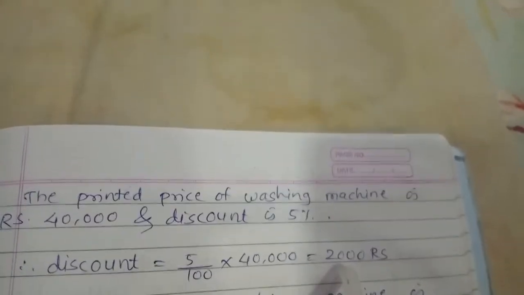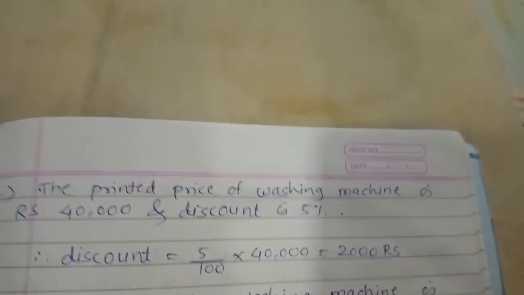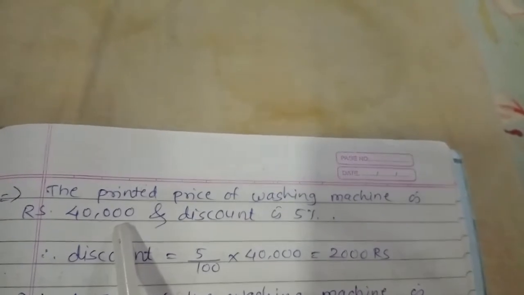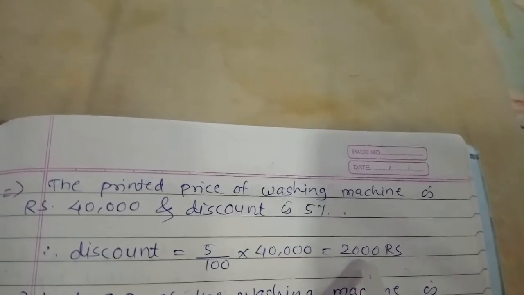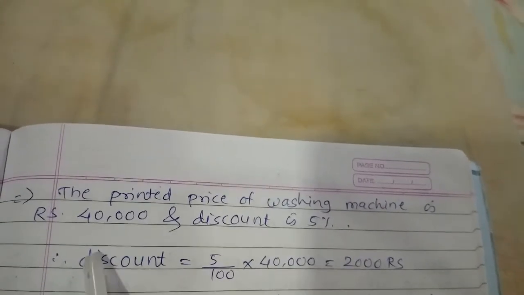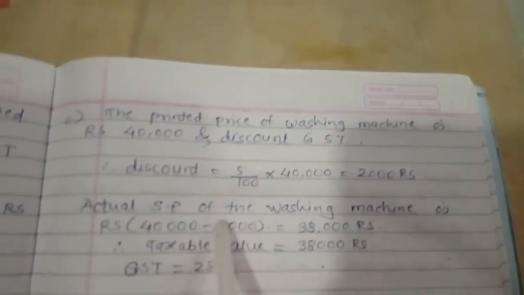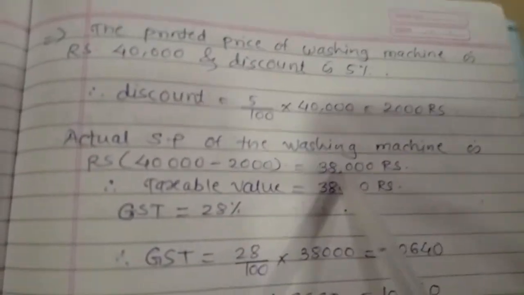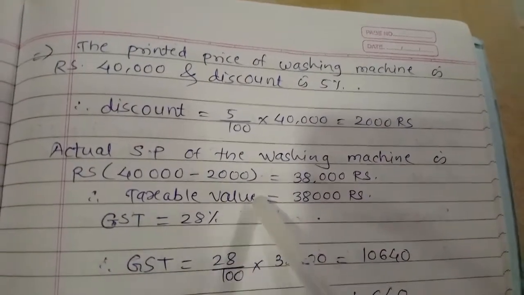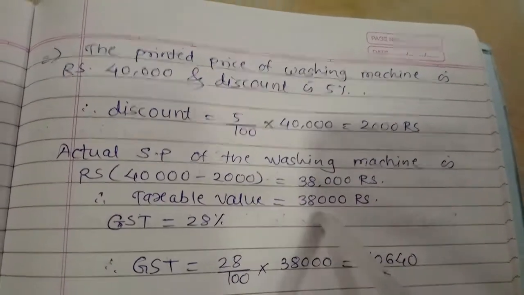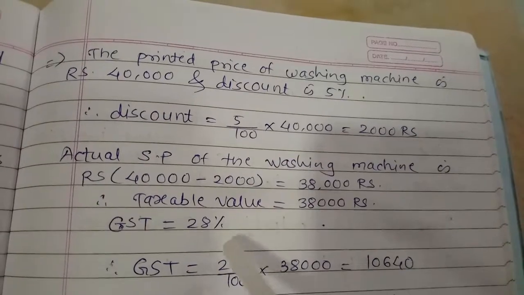Means the discount in rupees is 2,000 rupees. The price printed on the machine is 40,000, but we get a discount of 2,000 rupees, means the actual price we pay is 38,000. So by taking the subtraction, the actual selling price of the washing machine is 40,000 minus 2,000, that is 38,000, and so the taxable value is 38,000 rupees.